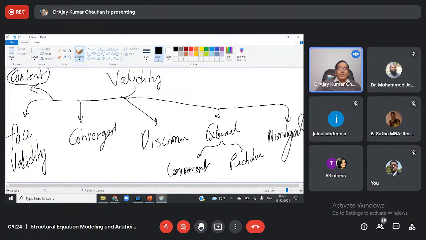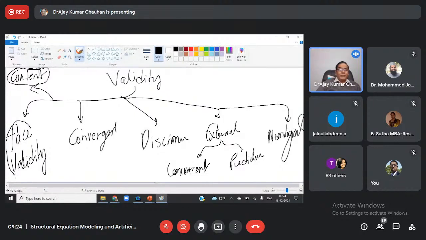In case literature support is not available, then you have to show expert validation. You can validate your questionnaire with the help of experts. So this concept is called content validity: validation of the statements, the constructs, and the factors which you are using.